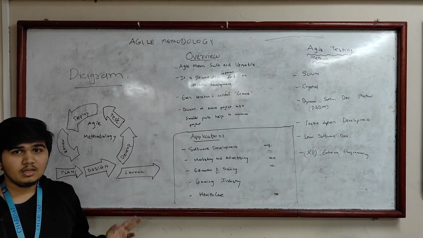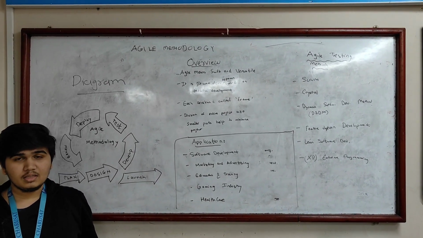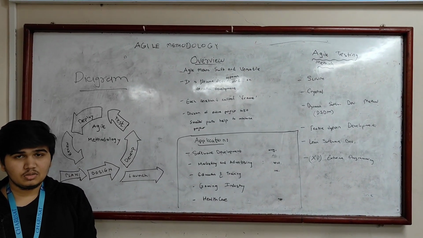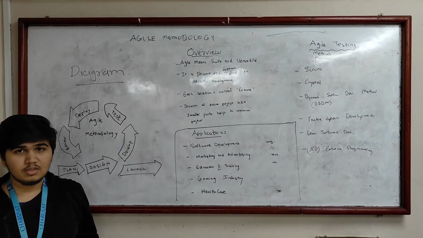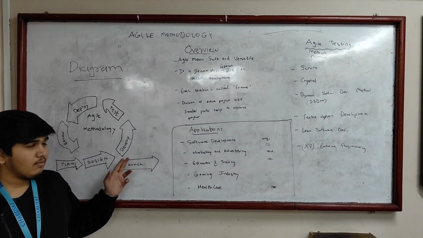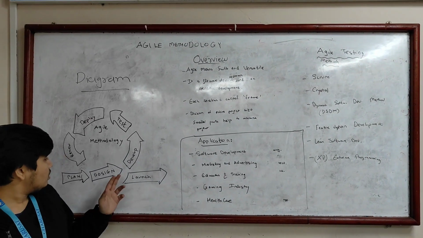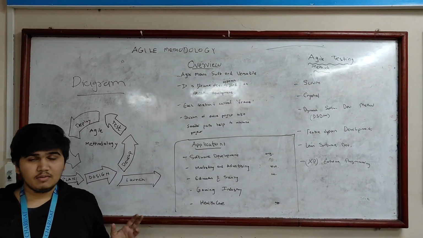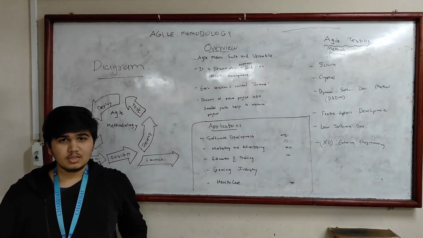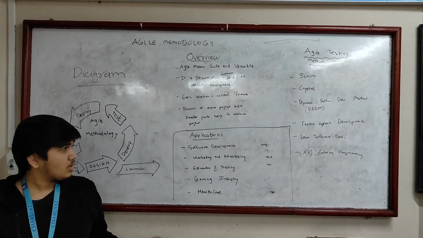Second comes designing. Whatever requirements are gathered, accordingly the design should be made by the software designers. Then comes development. Designers and developers do construction to make the project.